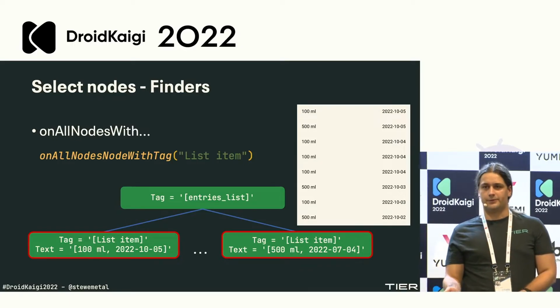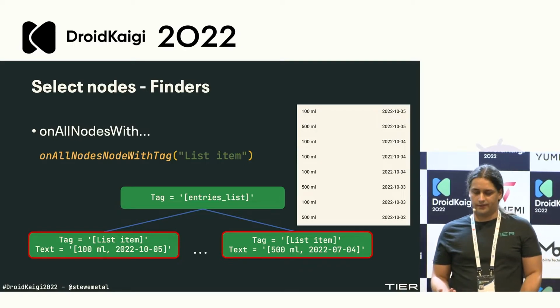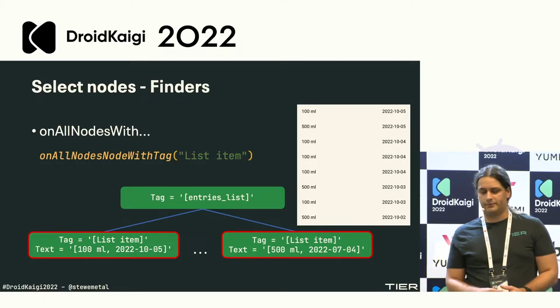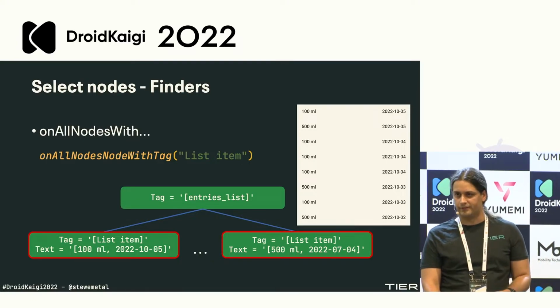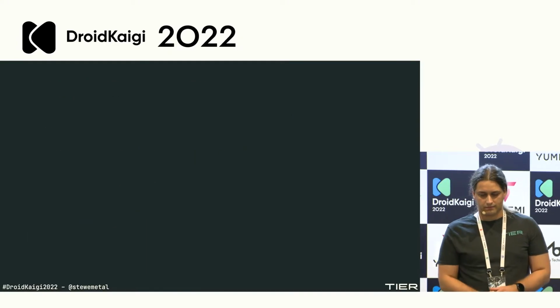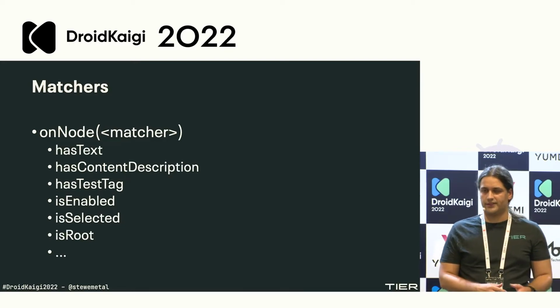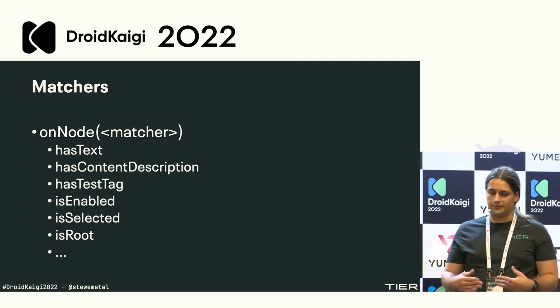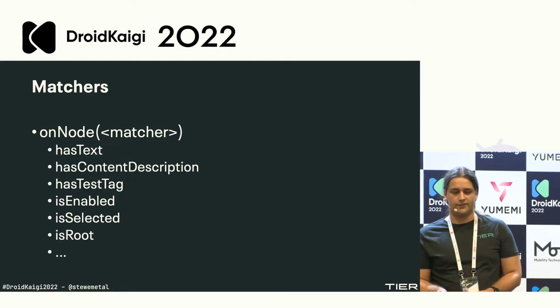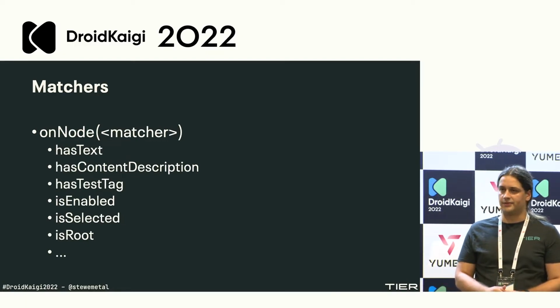Of course, the onAllNodesWith functions throw an error if no nodes can be found given the criteria. We can also write our own matchers, just as in Espresso. So if we use some matchers multiple times or very often, we can just combine them and give it to onNode.